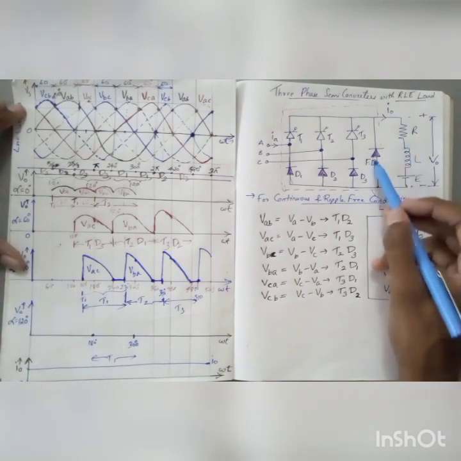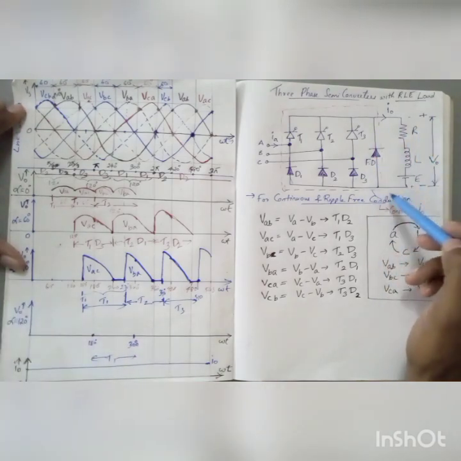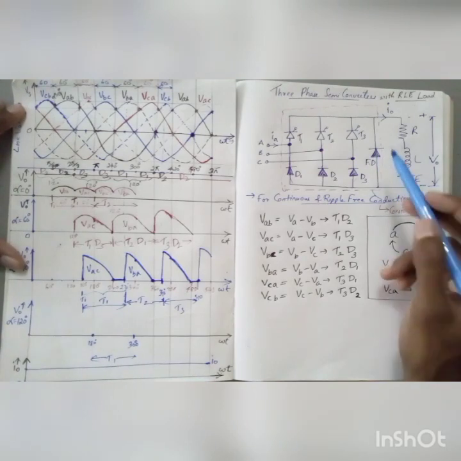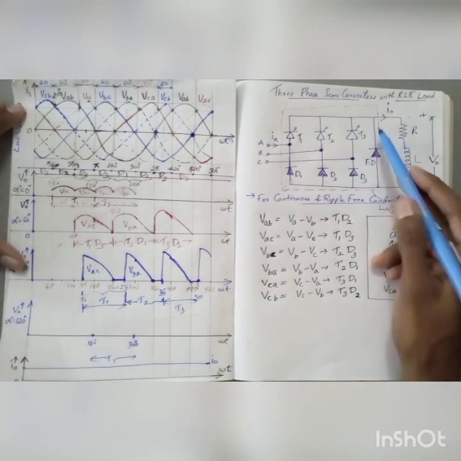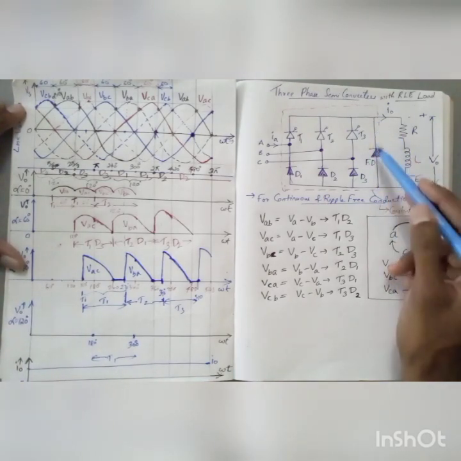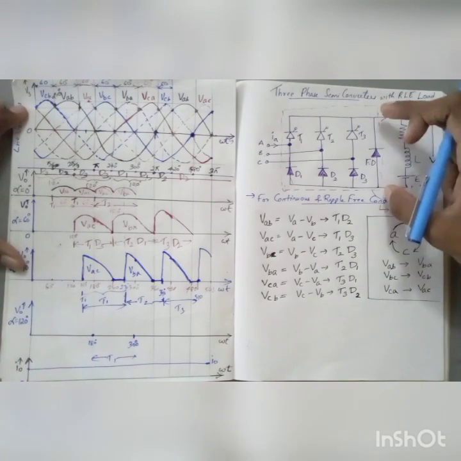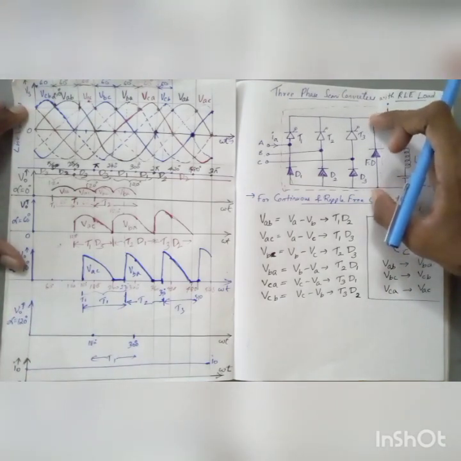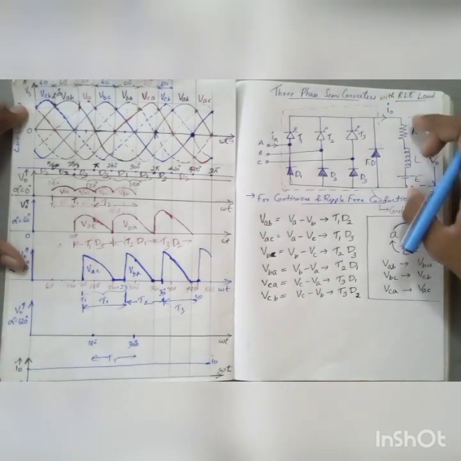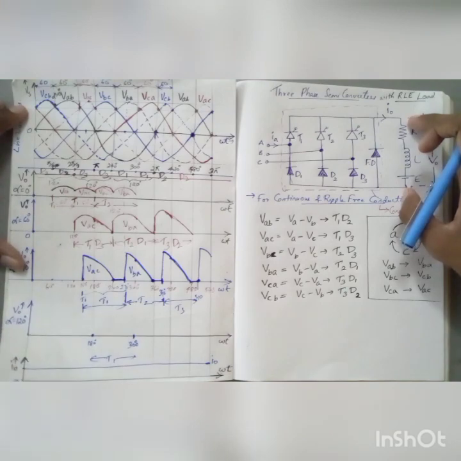Then what happens? I naught will flow through RLE and the freewheeling diode, and the freewheeling diode in on state acts as a short circuit, so V naught will be 0. Why? Because the voltage across the freewheeling diode will be 0 and V naught will be equal to 0.